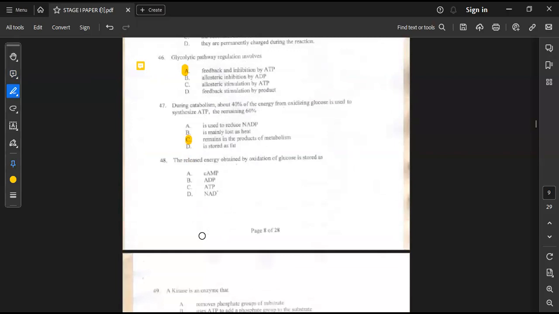It can be either C or D, but I'm not so sure. I agree with you. I don't know if someone else will disagree, but I think it also remains in the product of metabolism.